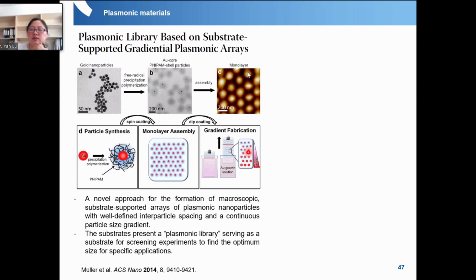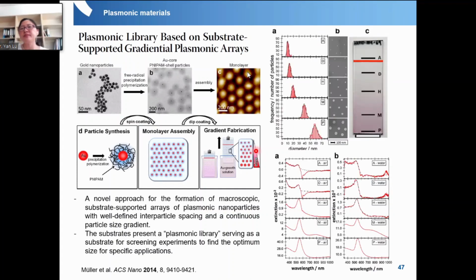In that case, you will have a very nice gradient change of the color, which is, of course, due to the size of the gold nanoparticle.